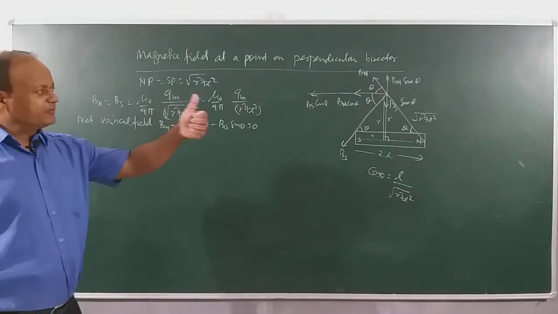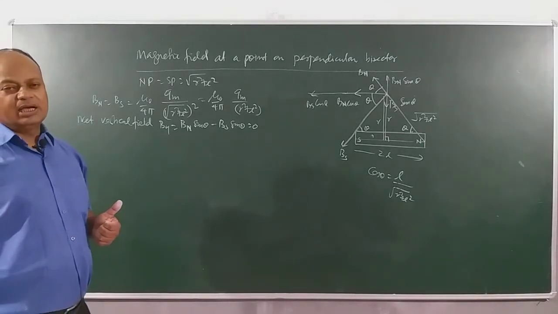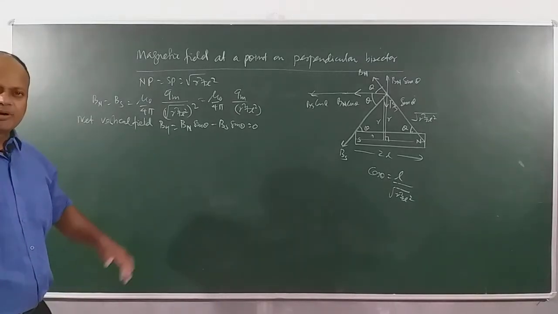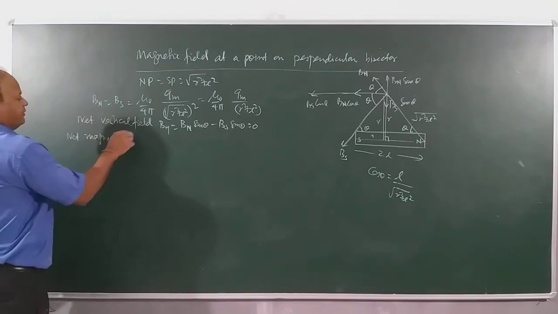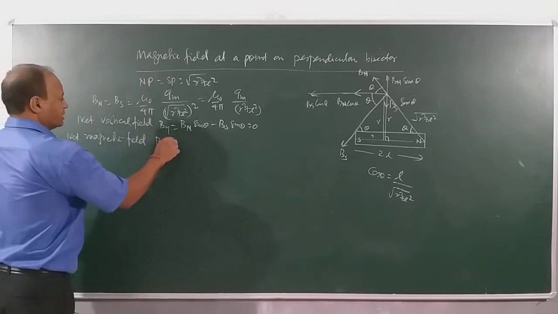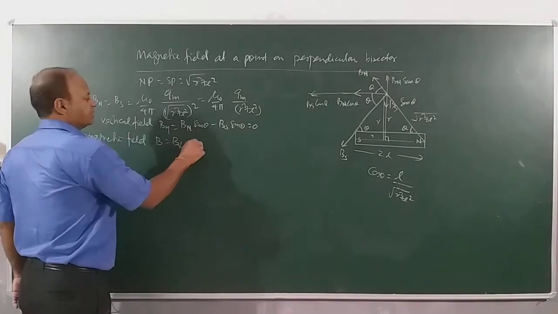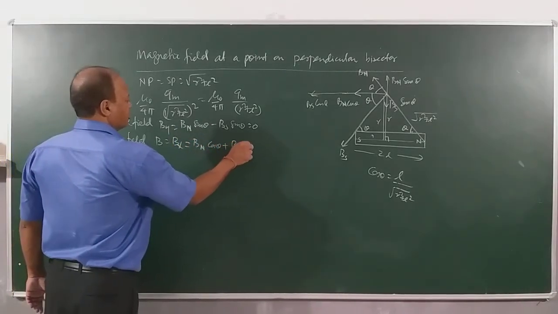You can see the net magnetic field is directed horizontally, along the axis of the bar magnet. So I will say the net magnetic field B is equal to, along the x axis, Bn cos theta plus Bs cos theta.